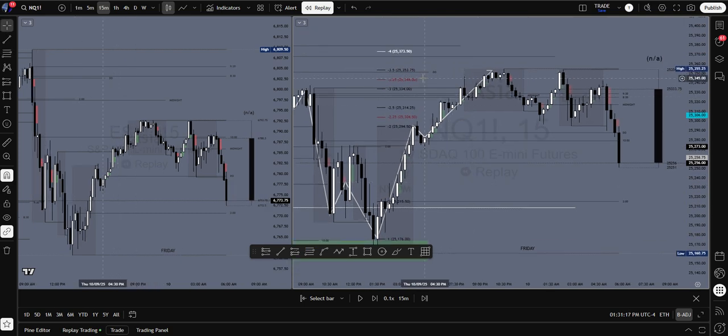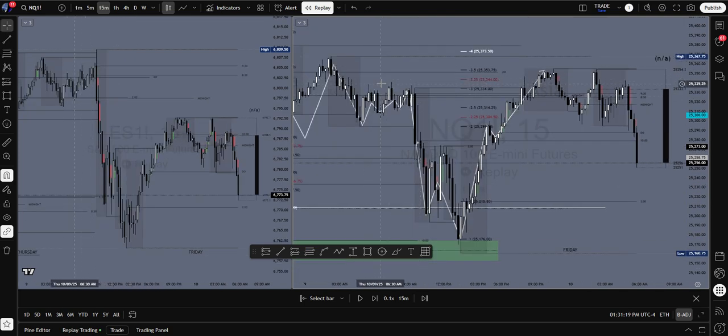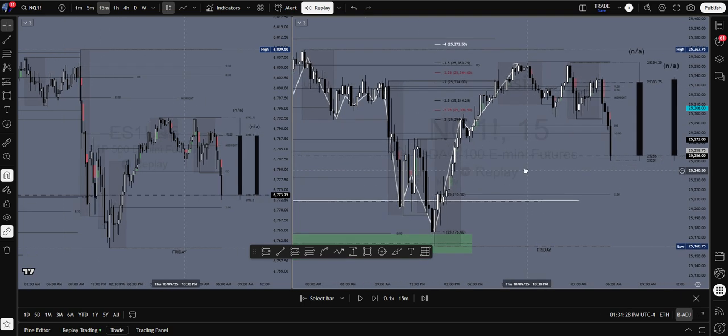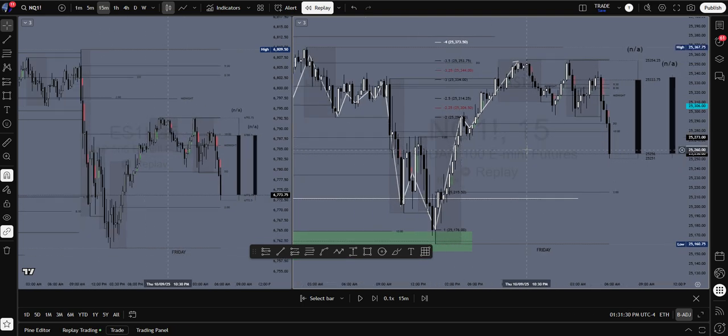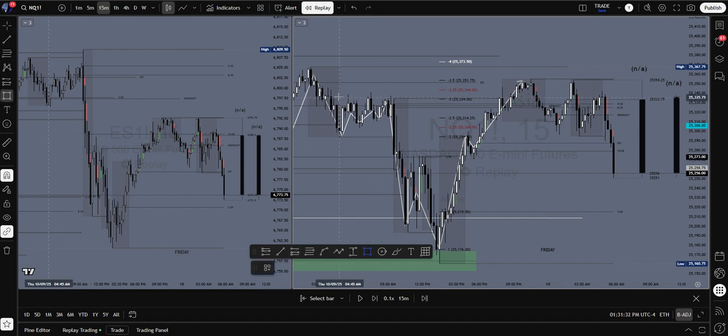If these levels are aligned with something, like my -3, -3.5 is aligned with a bunch of liquidity up here, original consolidation. So keep in mind, before market opened, what did we do?